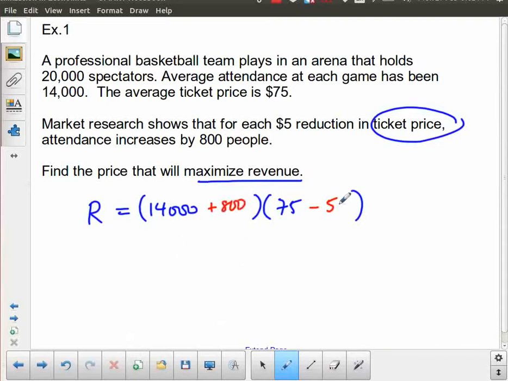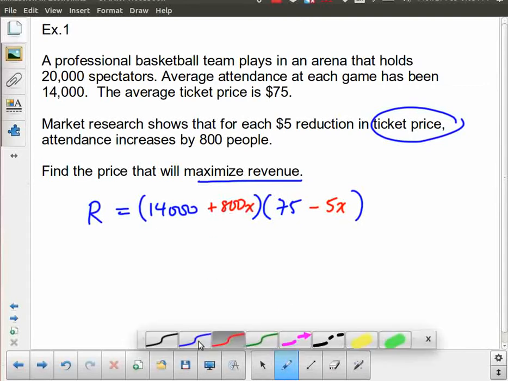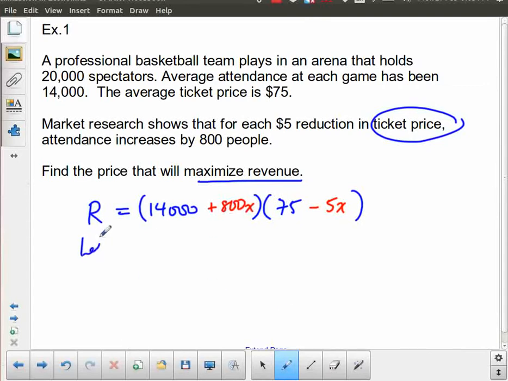And similarly, I can subtract $5 multiplied by X off of the price, and that's going to add 800 times X spectators. So what I've essentially done here is I have let X represent, and you have to be fairly specific with this, the number of $5 reductions in price.